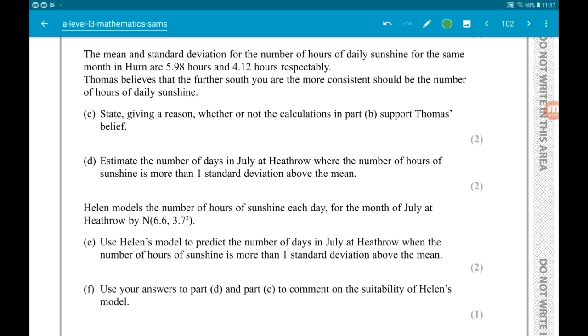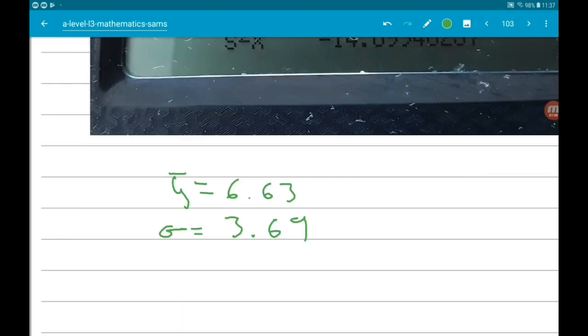If we compare the results, the mean in Perpignan was 5.98. The mean in Heathrow was 6.63. The standard deviation in Perpignan, however, was 4.12.